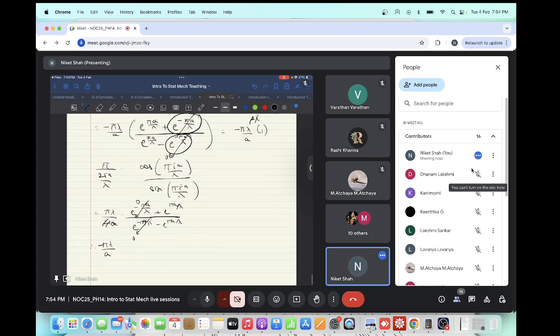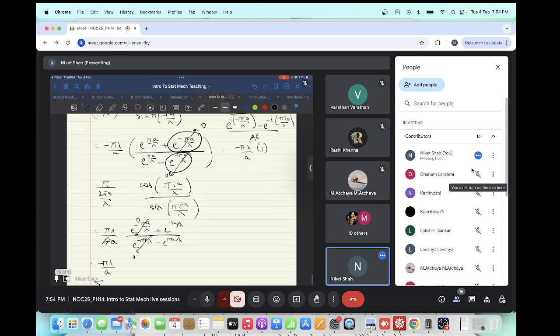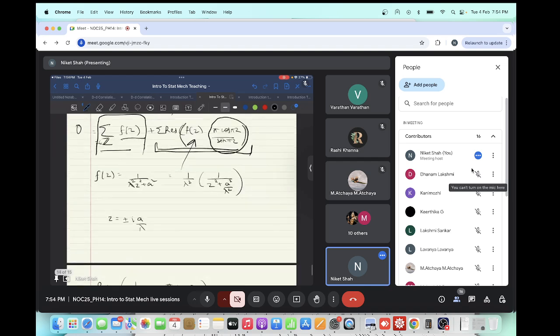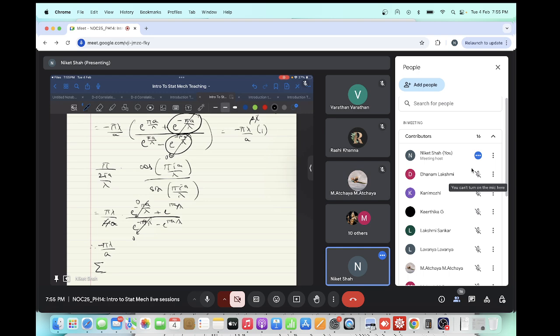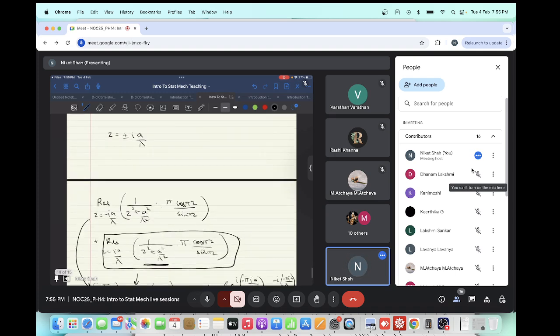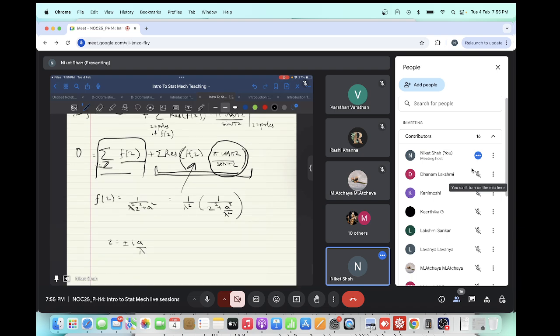So what I get is, both the terms are exactly the same.